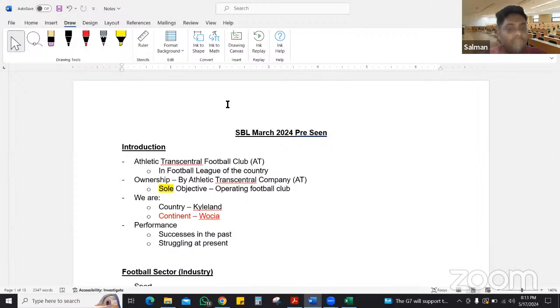Once you get familiar with this document, you can reduce this content to 2 to 3 pages. The main requirement is you should be able to familiarize yourself with all the relevant information given. Good. I'll share this document with you on the WhatsApp group just after our class is over. So this is the practice you need to do.